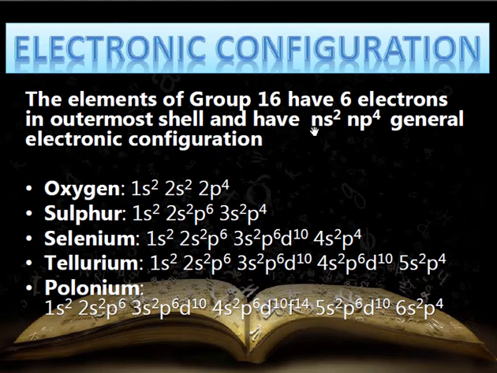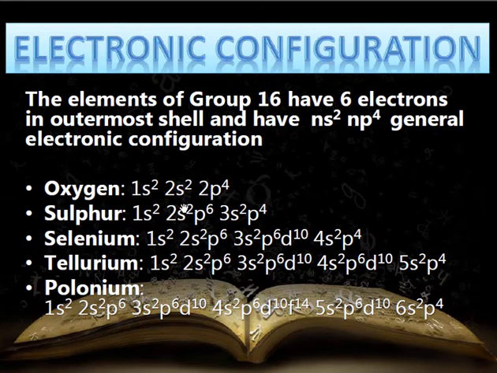And I have the general electronic configuration, ns2 np4. What does it mean? Let's understand. Oxygen has the electronic configuration 1s2, 2s2 and 2p4.